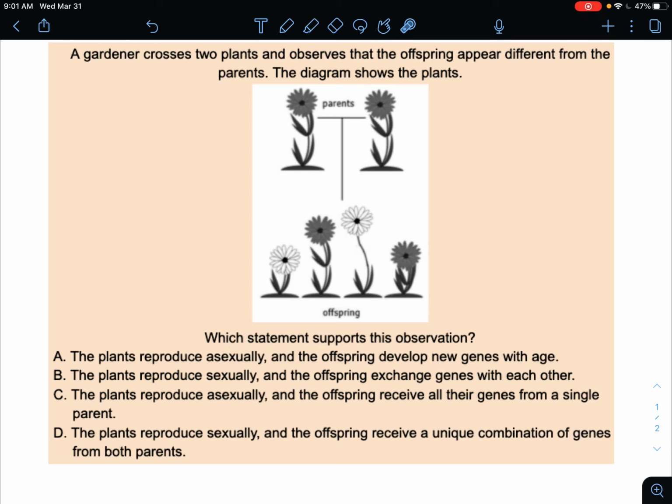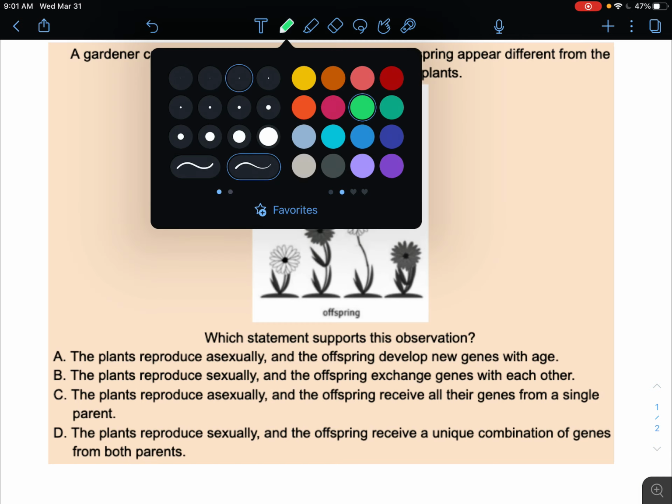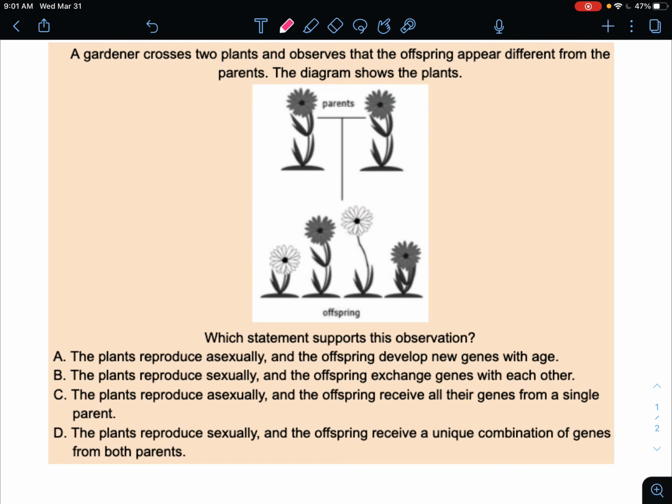I really love this question because it gives a great example of the type of answers they're going to throw at you on the MAP test. If you look at each of these answers, they all have two parts. Here it says the plants reproduce asexually, and there's a second part. Here it says the plants reproduce sexually, and there's a second part, and it repeats all the way down.